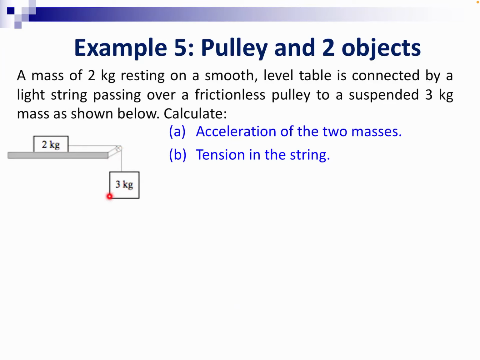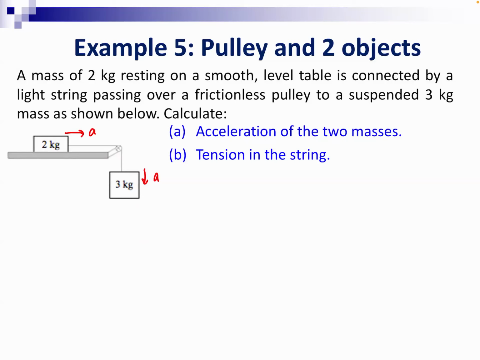Obviously, if you let go of this system, the 3 kilogram mass is heavier, so it will move downwards, and because it's connected to the 2 kilogram mass, this 2 kilogram mass will move to the right. We want to find the acceleration of the two masses and the tension in the string.